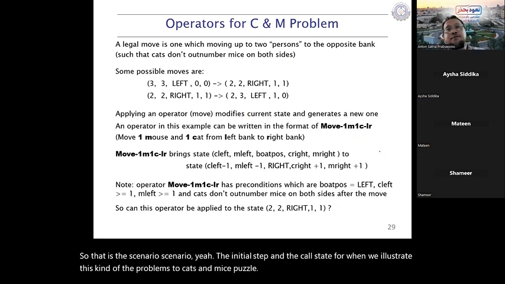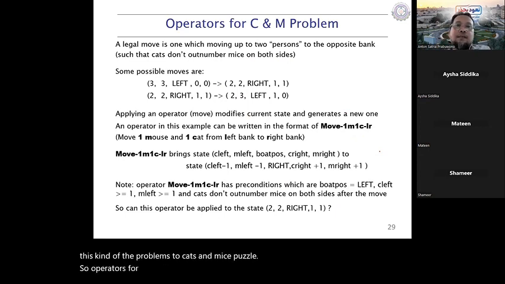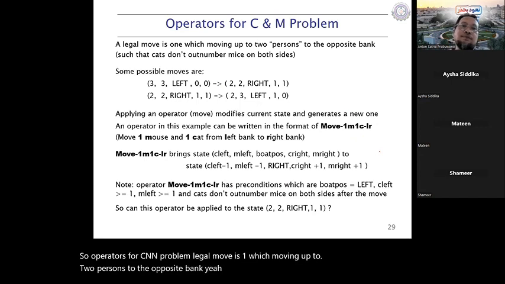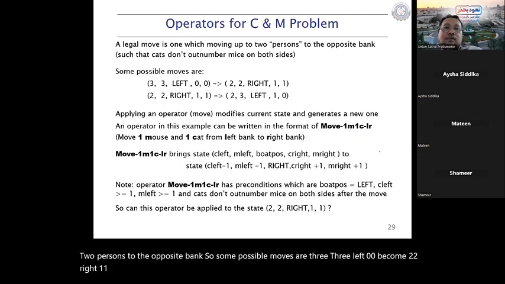So the operators for the C and M problem: a legal move is one which moves up to 2 persons to the opposite bank. Some possible moves are 3 left 0 0 becoming 2 2 right 1 1, and 2 3 left 1 0.